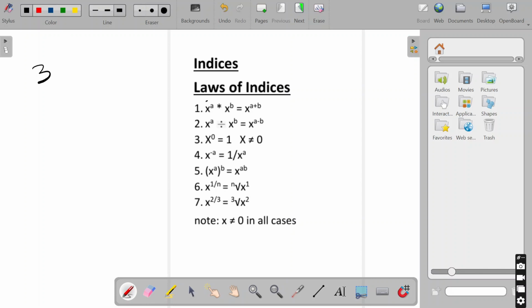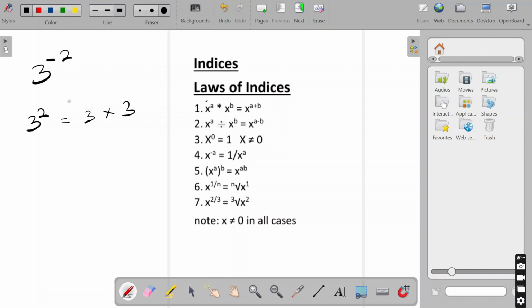So when we have 3 raised to the power of minus 2, note that 3 raised to the power 2 from my earlier explanation is 3 times 3. That is 3 in 2 places. But when there is a minus, it is the reverse.